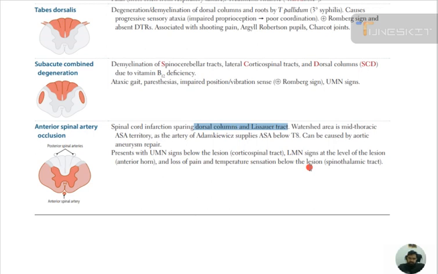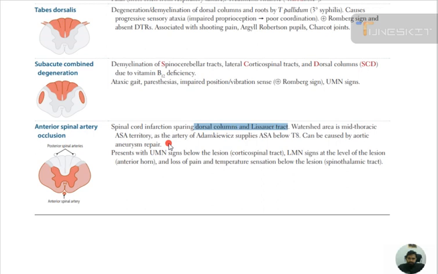So if the spinothalamic tract is involved, then there would be loss of temperature and pain sensation below the level of lesion. If there is loss of corticospinal tract, then there would be upper motor neuron lesions, and lower motor neuron lesion would occur at the level of lesion if there is involvement of the anterior horn.